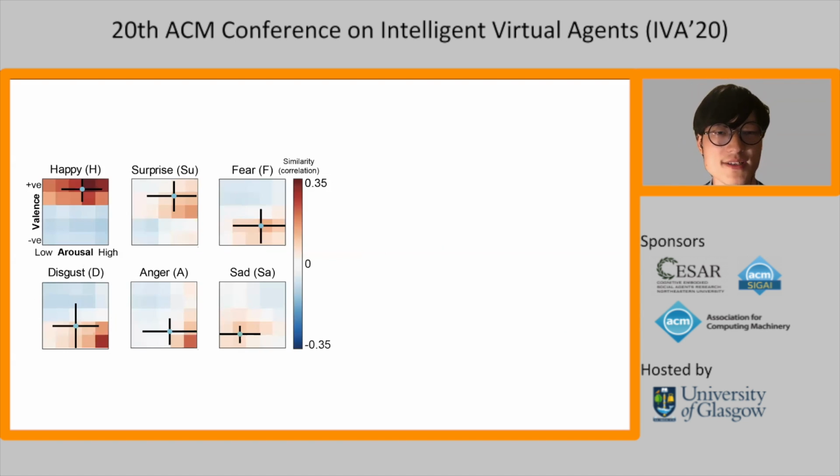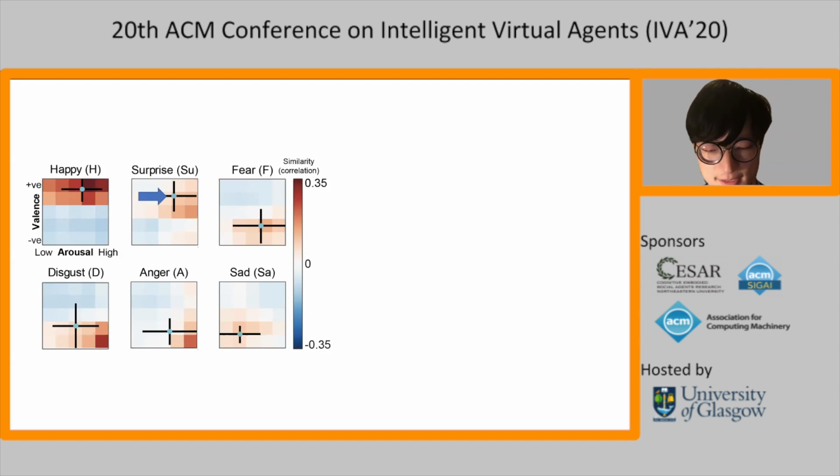Here are all the results of the similarity distribution. As you can see here, for example, happy highly correlates with all positive cells and spans all over the arousal part. To validate our distribution, we also plotted the semantic rating of the emotion words here.